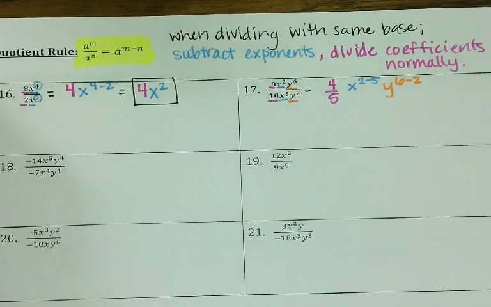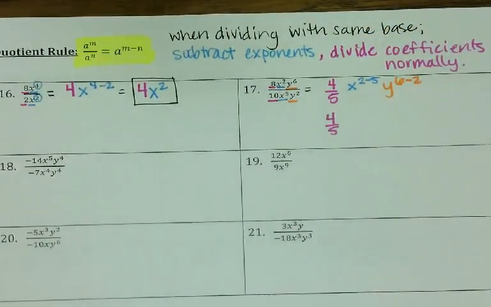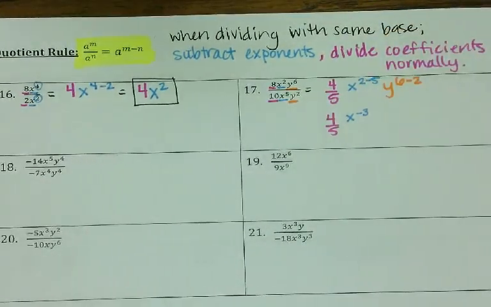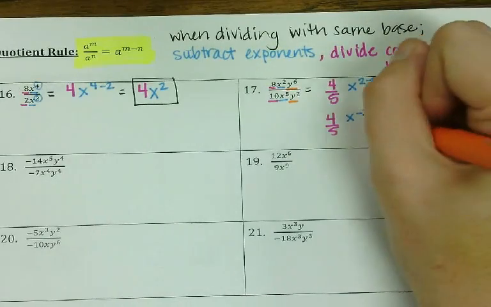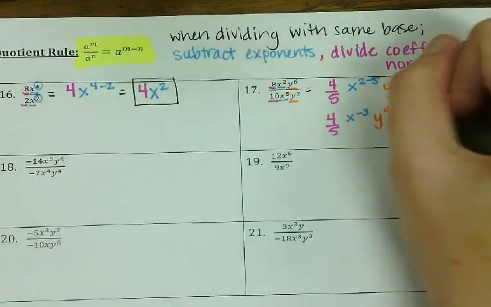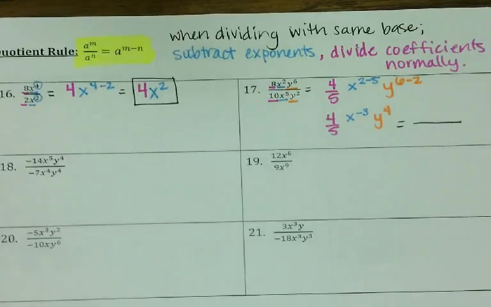So, guys, that becomes 4/5. But then, guys, we have x to the negative 3, don't we? And y to the positive 4. Well, guys, can we have a negative exponent? What was that rule? It was on the very first page there, guys.